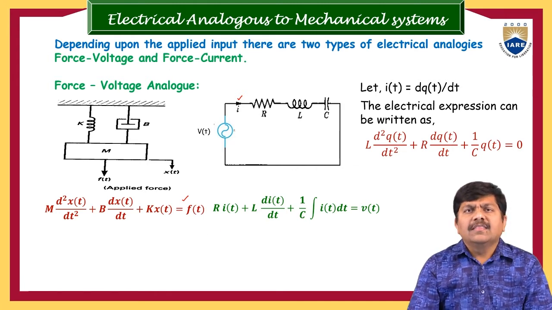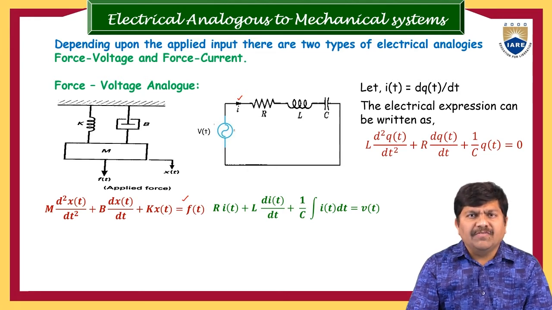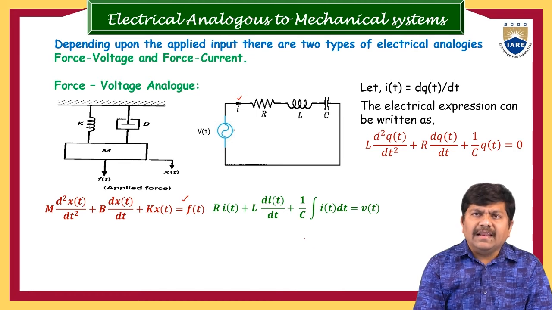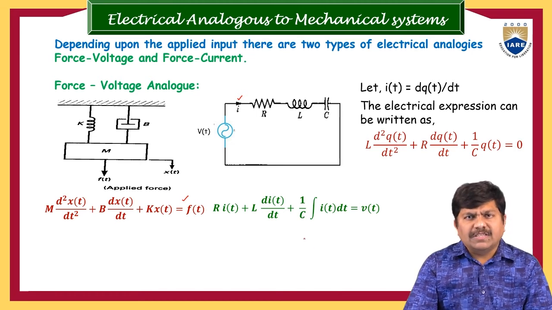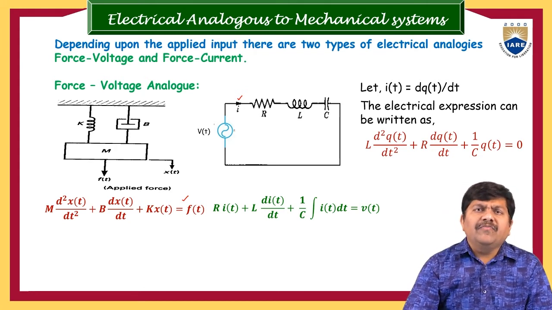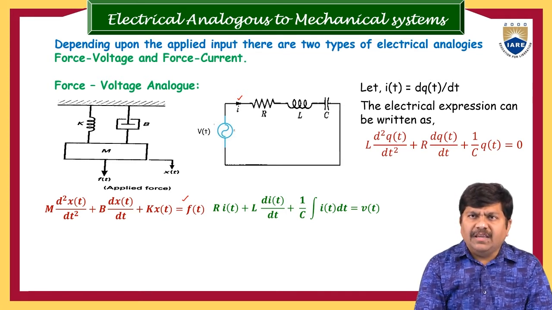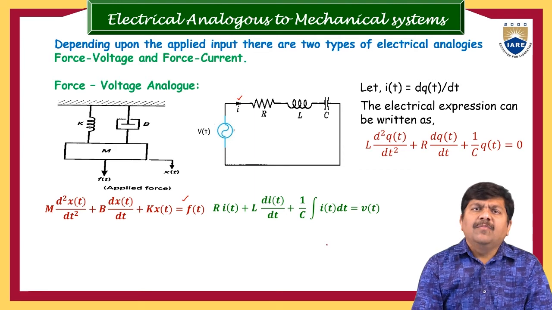No, because the mechanical equation is a second order differential equation, whereas the electrical equation is first order, and in addition it has an integrator term. So if we could eliminate that integrator by substituting the equivalent of this i of t in the electrical expression, then we could succeed in deriving the second order differential equation. So let me do that.